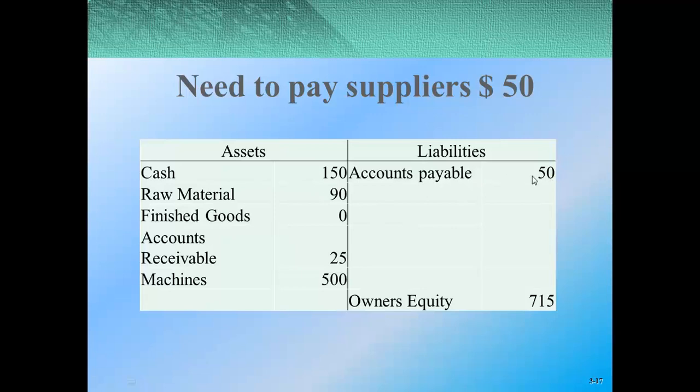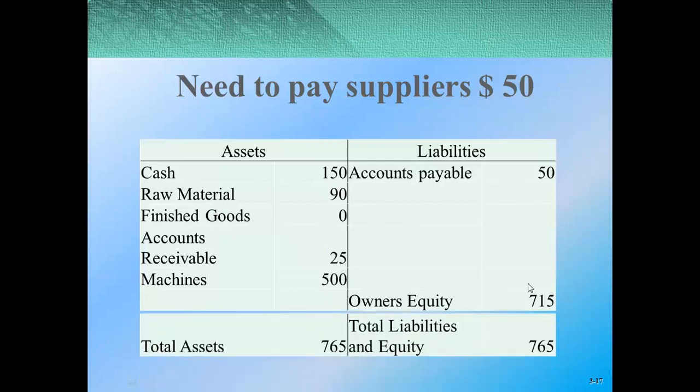So when accounts payable go down, cash goes down. When accounts receivable goes up, there is no change in cash. So what is the total amount of assets? 150 plus 90, 240, plus 500, 740, plus 25, 765. And total liabilities 50 plus 715, 765. The key takeaway here is when we pay off our suppliers, our accounts payable decrease and our cash decreases.